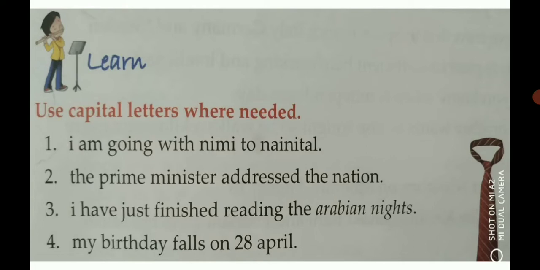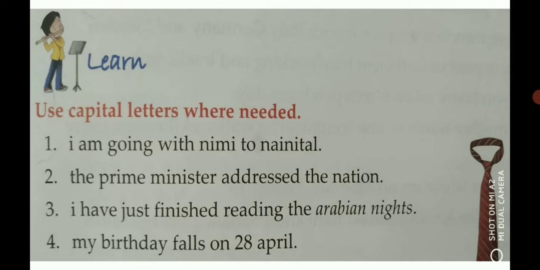So here I is the first word of the sentence, that's why we write I as a capital letter. And we also learnt that wherever I is in the sentence, it is always in capital form, right?